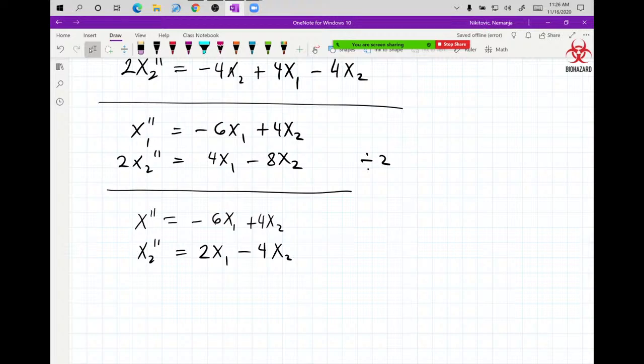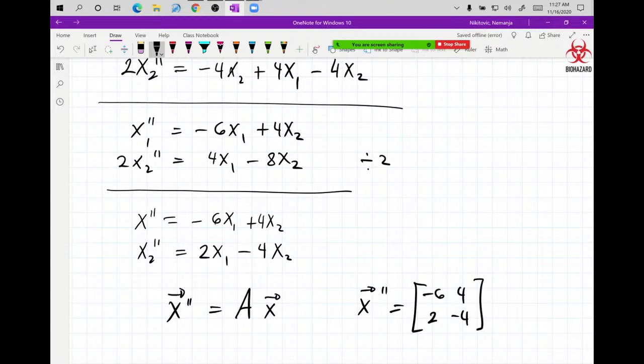And this is the system that we can solve, because now this system is clearly of the form X double prime is equal to A matrix times X bar. In our case, matrix A is negative 6, 4, 2, negative 4, and then X bar.